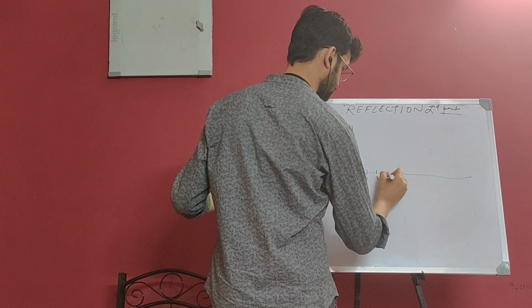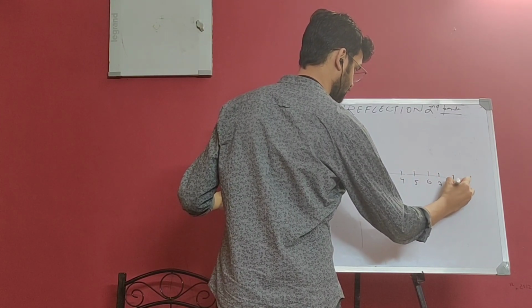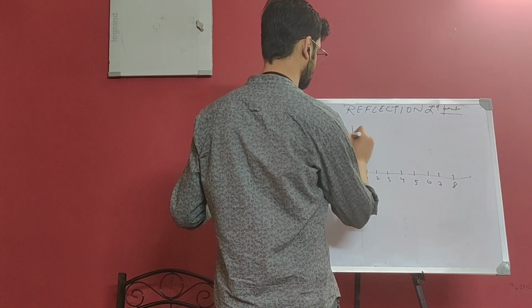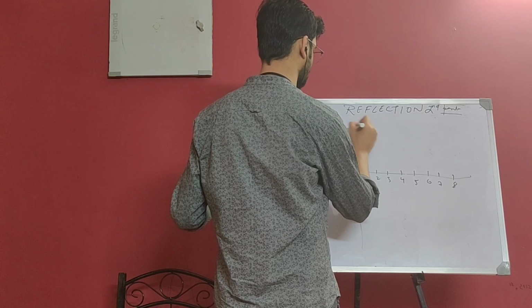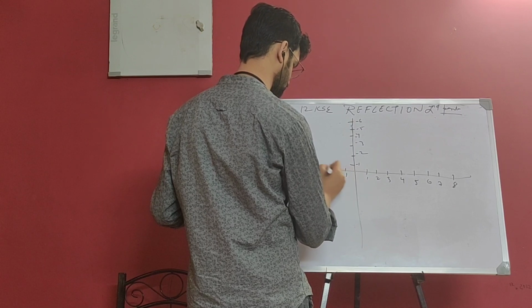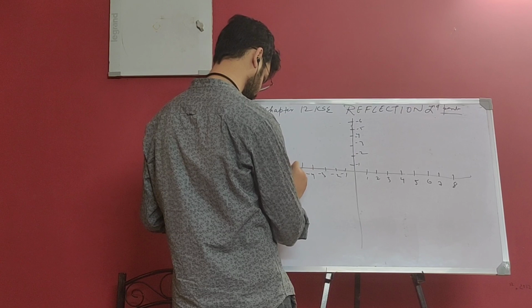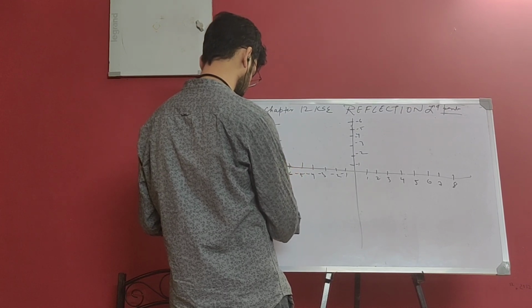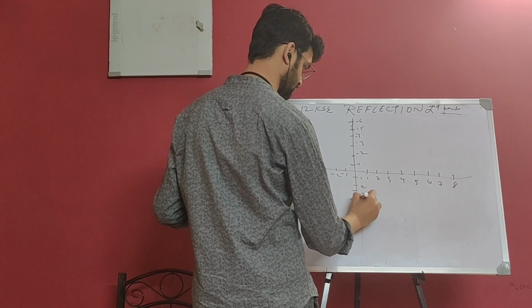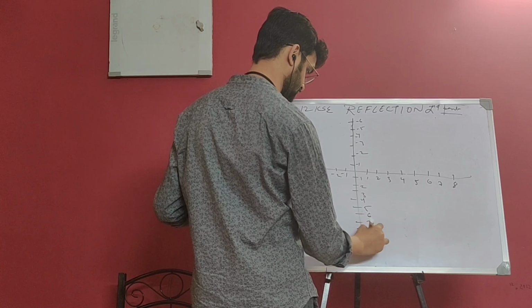1, 2, 3, 4, 5, 6, 7, 8. Minus 1, minus 2, minus 3, minus 4, minus 5, minus 6, somewhere here. Minus 1, 2, minus 3, minus 4, minus 5, minus 6, minus 7, minus 8. 1, 2, 3, 4, 5, 6, 7, 8.